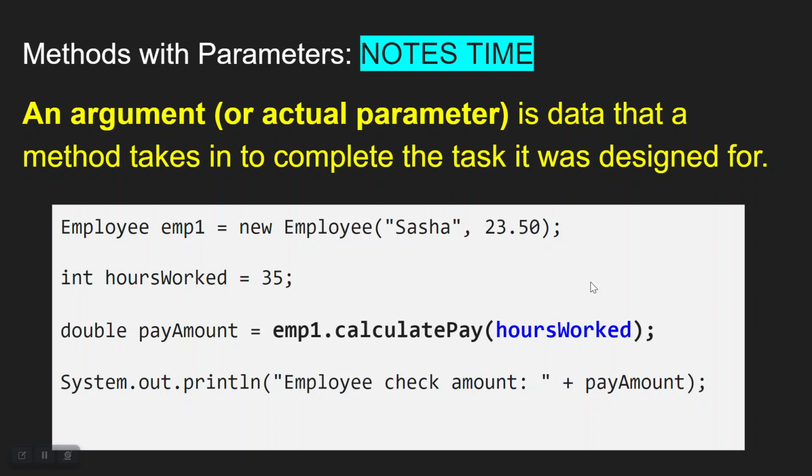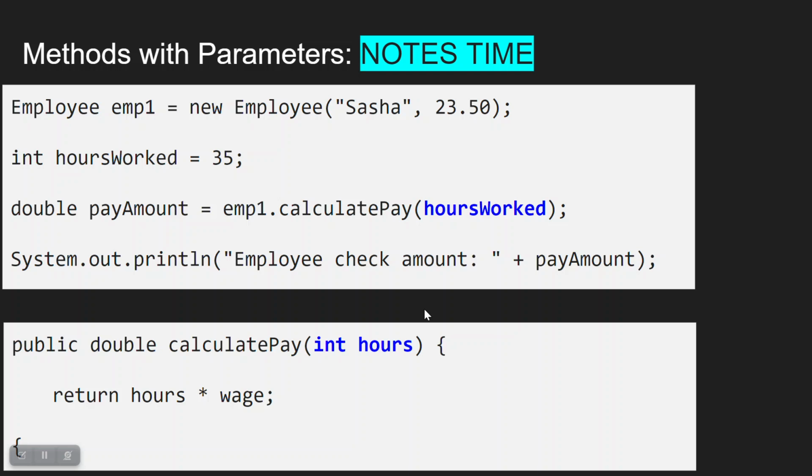And we are passing in hoursWorked as the arguments or actual parameters for that method. And so if we were to hop into the Employee class, we could look at where the calculatePay method is defined. And here we have public double calculatePay(int hours), and it returns hours times the wage.